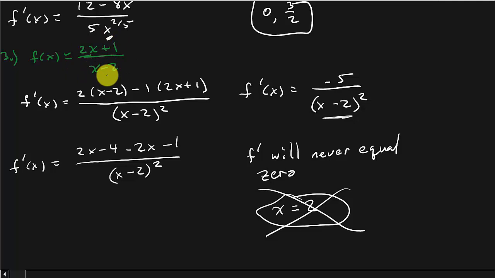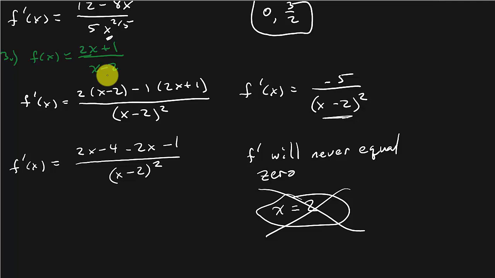So that's the important thing that you've got to pay attention to there. We have a critical number, if that critical number is in the domain of the function, that's what you've got to make sure of.